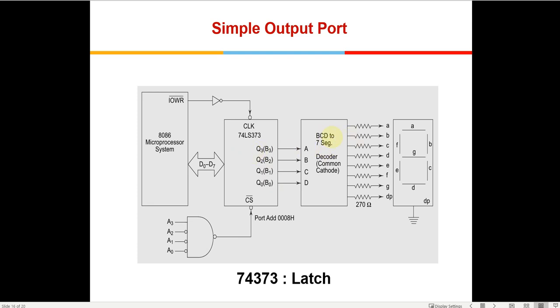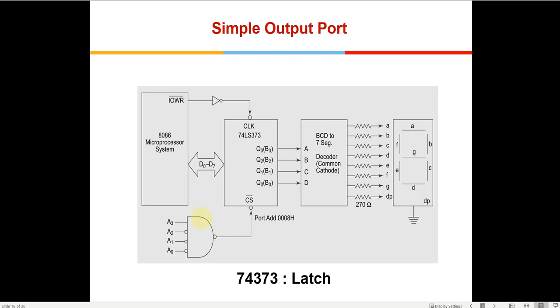Whereas when we are driving a 7-segment display, only 4 data lines are used. So these are the 4 data outputs. We put them into a 7-segment decoder, which converts them into the 7 different outputs given to the 7-segment display out here.